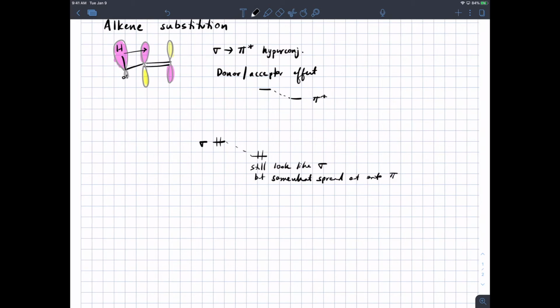Why is it a stabilizing effect? Because from a valence bond perspective, when you mix a filled orbital with an empty orbital, the electrons in the filled orbital move down in energy. Okay? I've had students ask before, aren't you dumping electron density into an antibonding orbital, and shouldn't that break a bond?